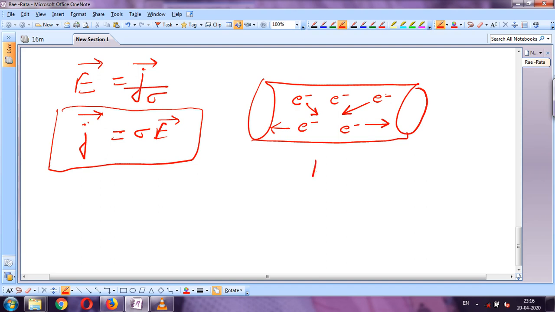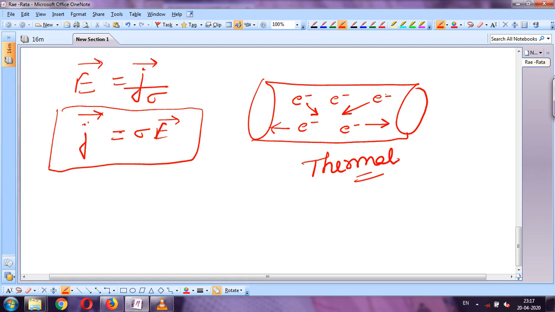And these electrons, we know they are able to move because of the thermal energy they have received at room temperature. These electrons are using that thermal energy in moving in random direction.